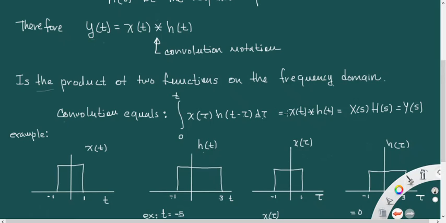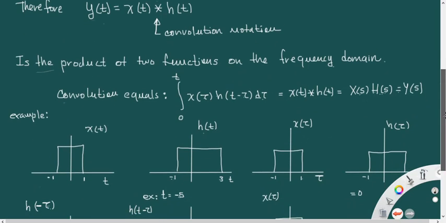That is equal to the convolution of x of t and h of t. If you have these functions already transformed via Laplace, then you end up with x of s times h of s, and the product of these two frequency domain functions is equal to y of s. So these three expressions mean the same.